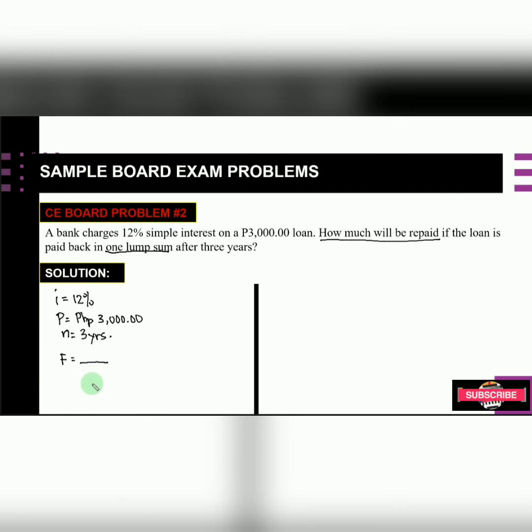For a simple interest, if it does not indicate whether it is ordinary or exact, you have to go to this formula: F is equal to P plus I, where I is simply equal to the product of P, N, and I. And the N here is given already, which is in years.